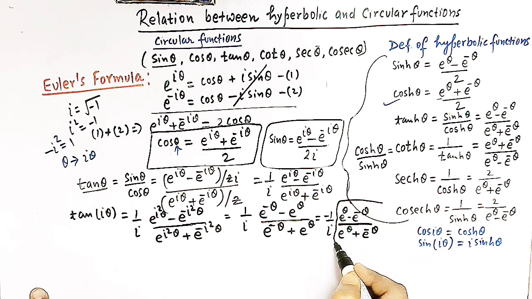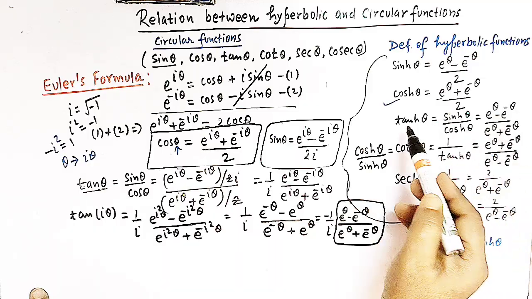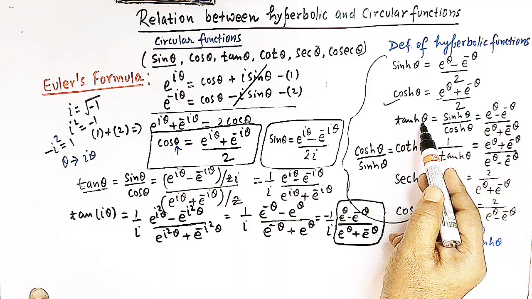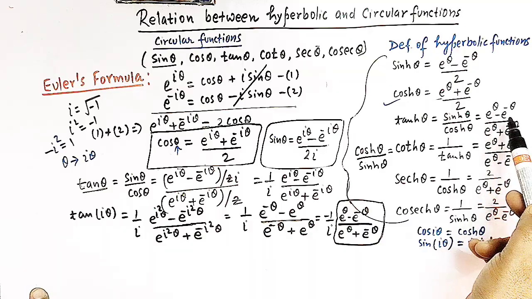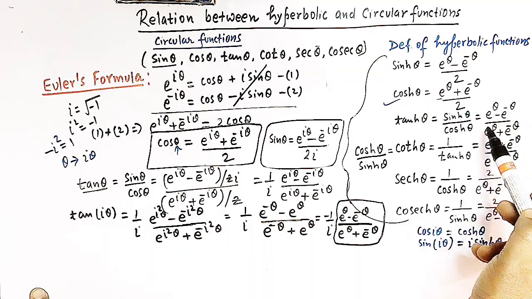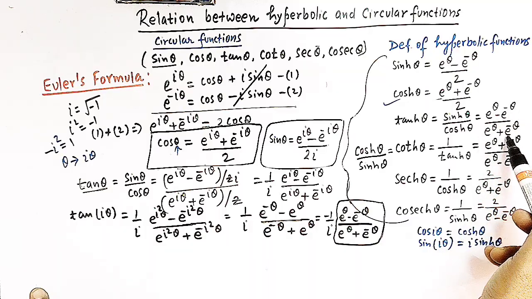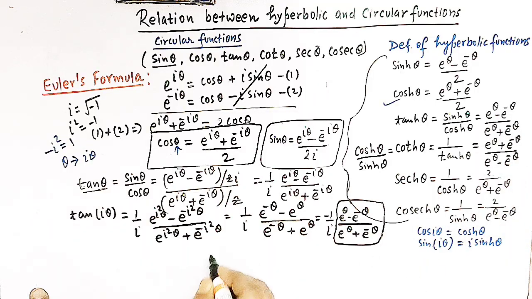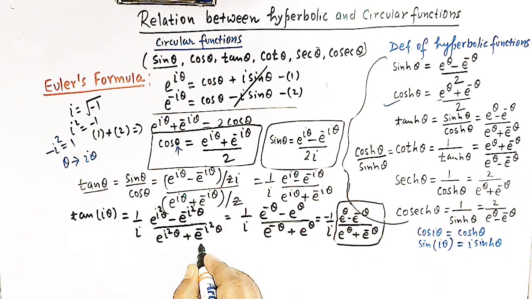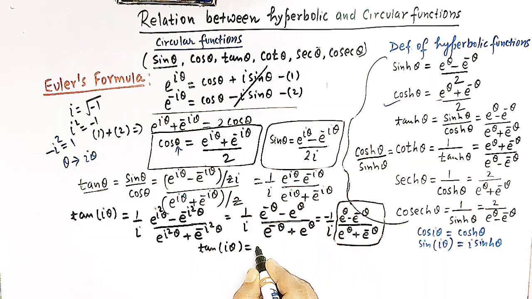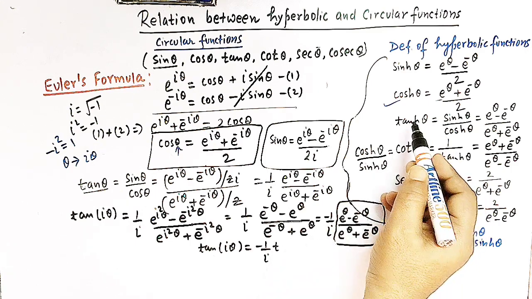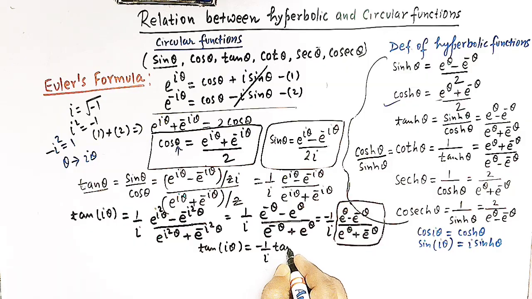Now this expression is equal to the hyperbolic tangent of θ. So tan(iθ) is equal to minus 1 over i, times the hyperbolic tangent of θ.